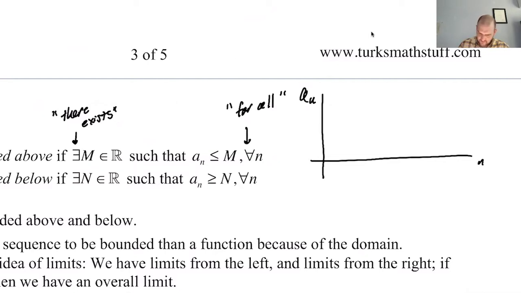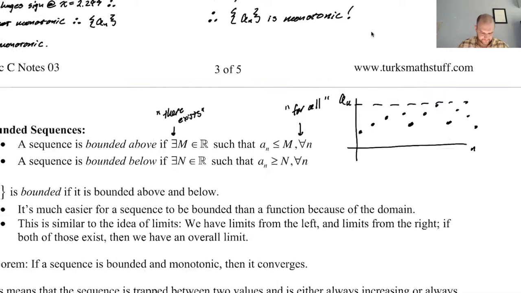Bounded above means that all of your terms, maybe it's monotonic, maybe it's not, doesn't really matter, but they never get above that line. They can hit the line, but they're never going to get above it. So there's a ceiling. It's never going to go above the ceiling.